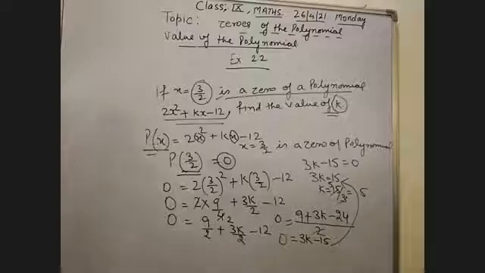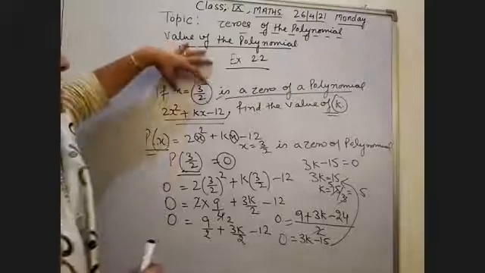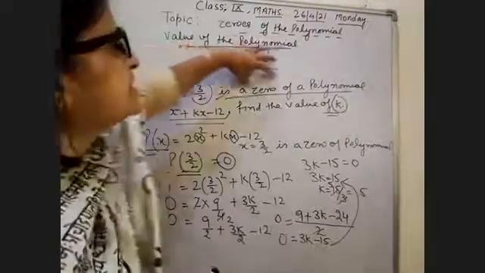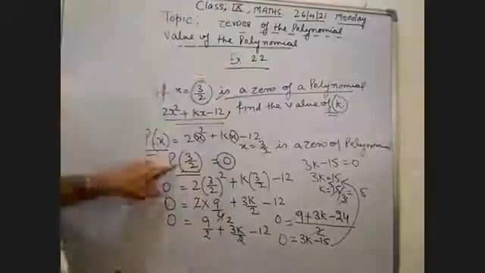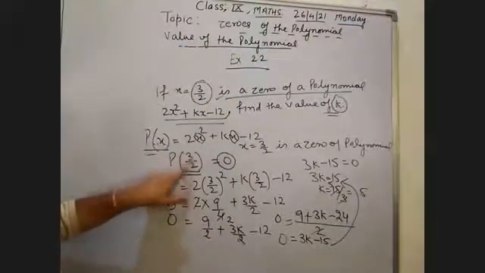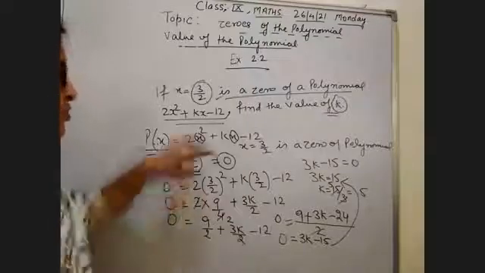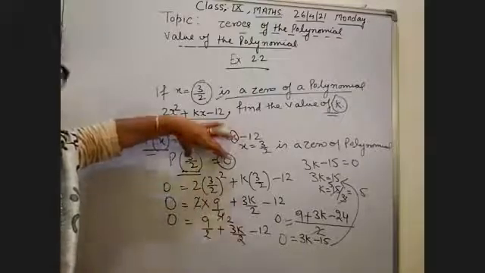Again I am explaining this question. When it is given that x equals 3 upon 2 is a 0 of the polynomial, what does it mean? It means in place of x you put the value 3 upon 2 and the polynomial is equal to 0.